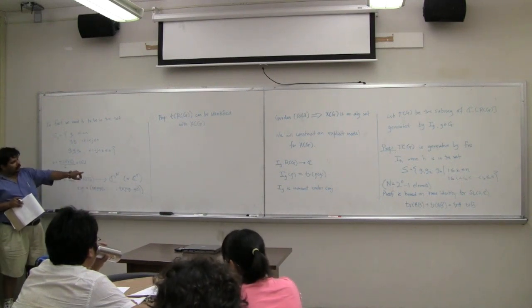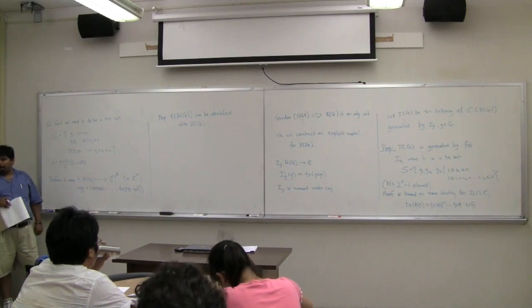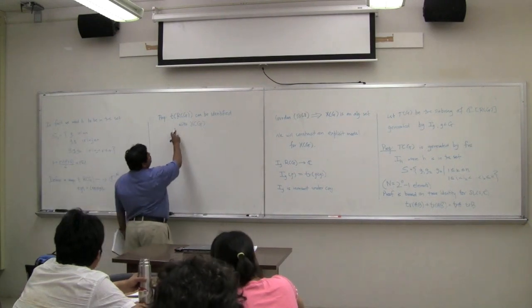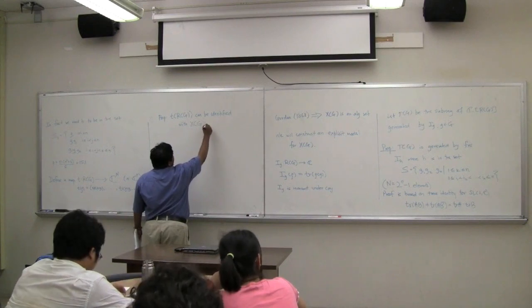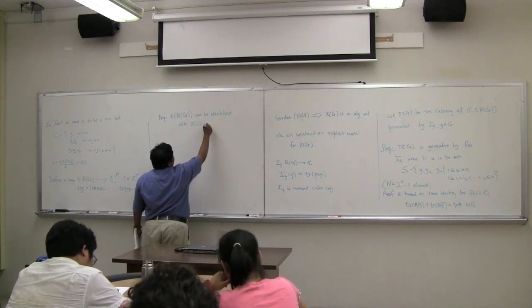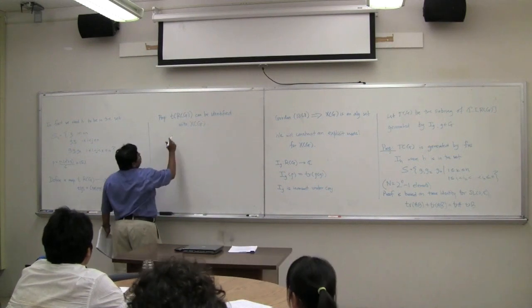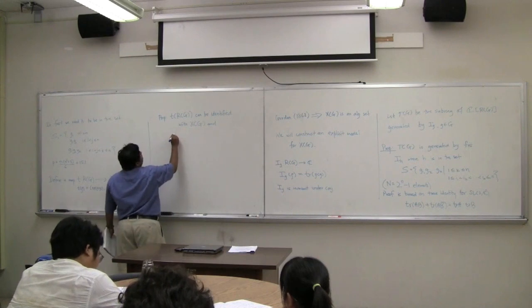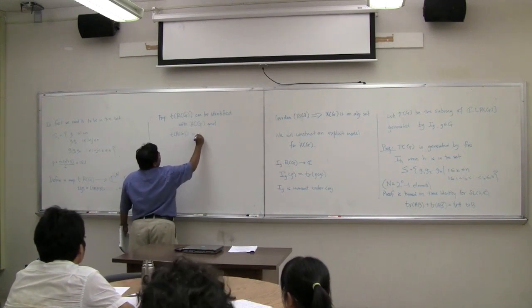You just look at those coordinates. So this can be identified with X of G, which also implies that this image is a closed algebraic set.